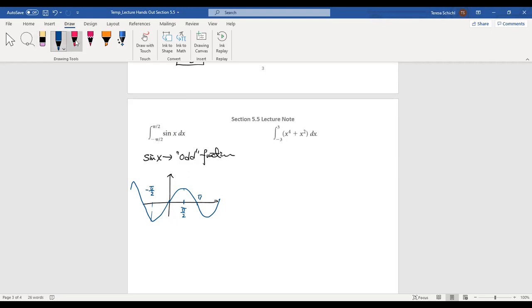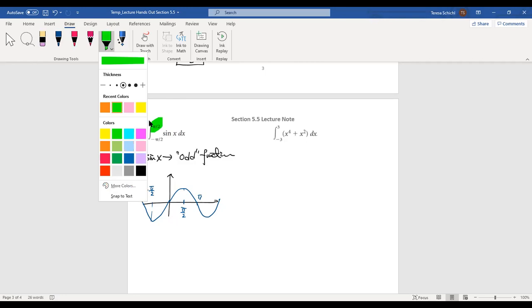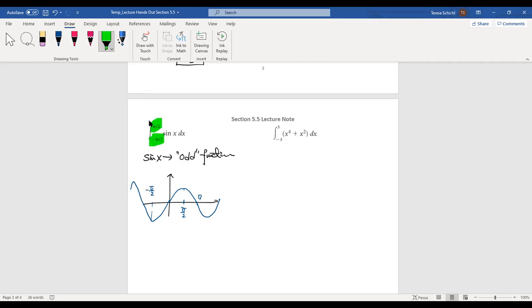So if your integration bound here is symmetric about the origin, like this one here, from negative pi over 2 to pi over 2, then because of the net value theory, we have this area, but this area is below.